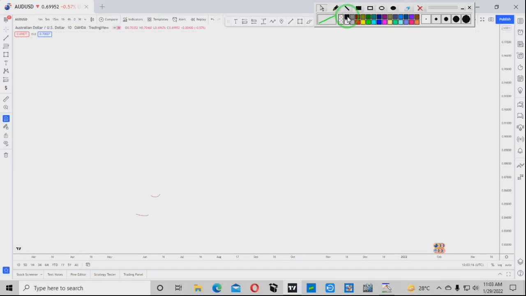All right, let's start with market structure. When we talk about market structure, we are talking about three phases of structure: an uptrend, a downtrend, and a sideways market or consolidation. When we talk about an uptrend, we are referring to something like this, where you have the highs being broken.